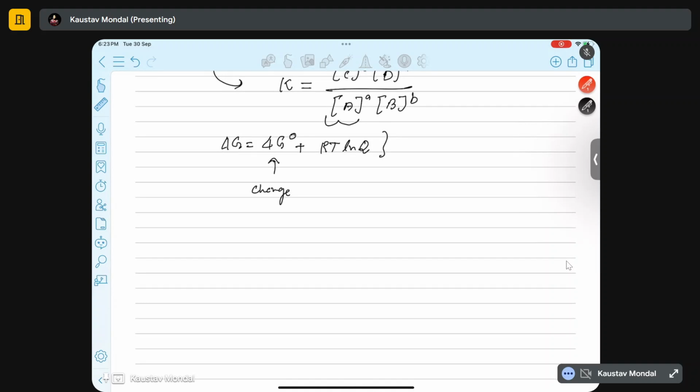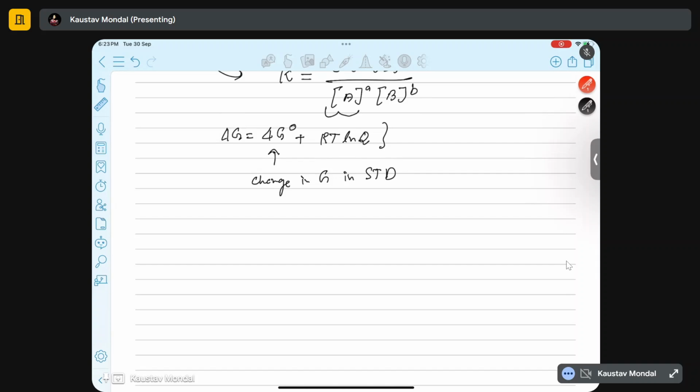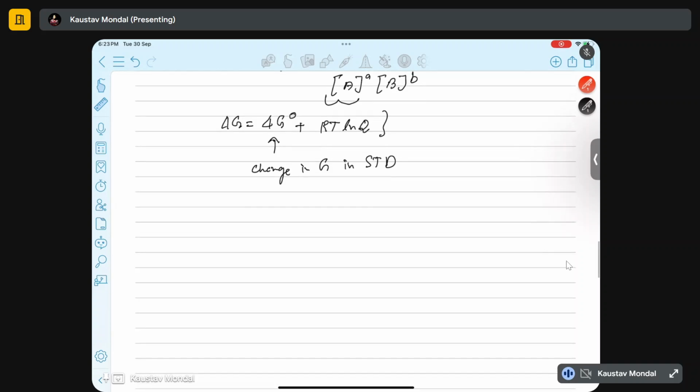And from our previous discussion, we know the change in Gibbs free energy in standard conditions is minus RT ln K. From the statistical point of view, we derived this relation also, right?